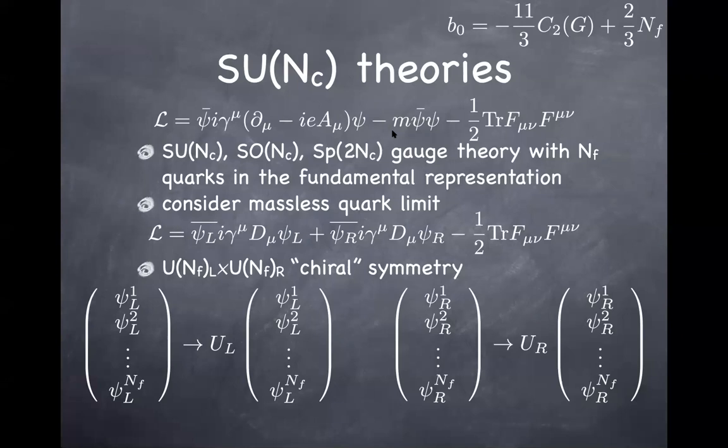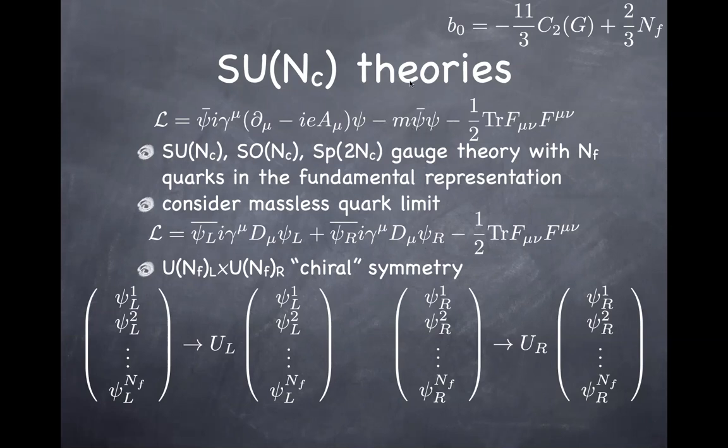Whether you really do have light quarks, or even if you have heavy quarks, you can integrate them out before you start talking about dynamics of theories at scale lambda, where the coupling becomes large. Either way, considering the massless limit is a good one. So that's why we consider the massless quark limit.